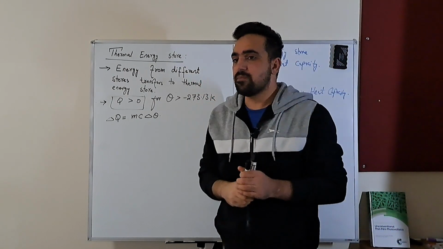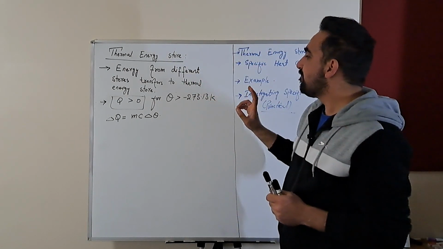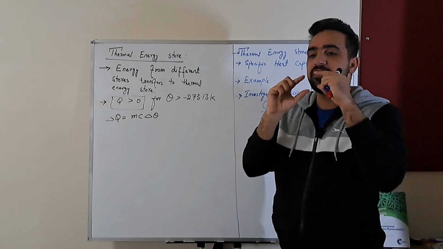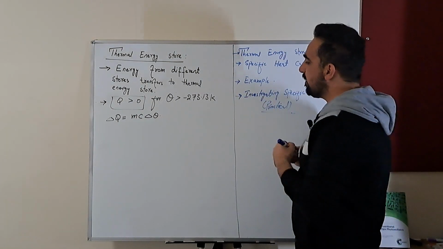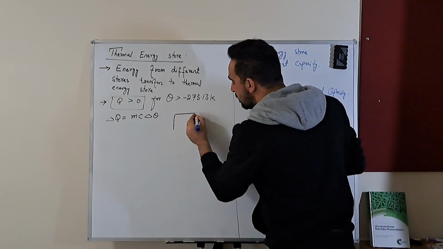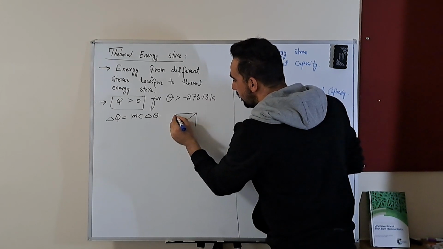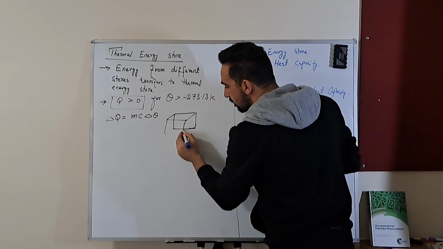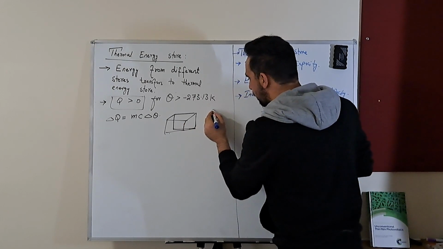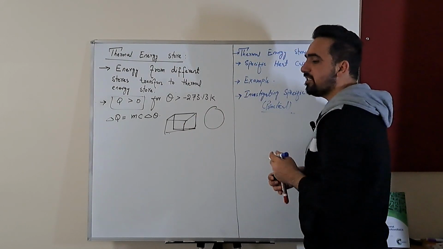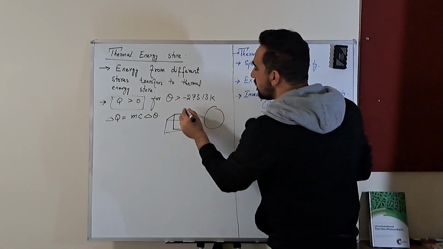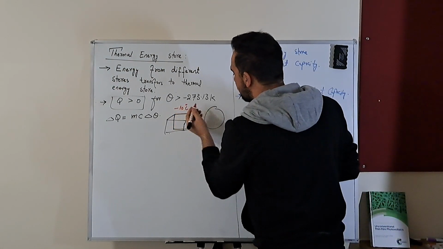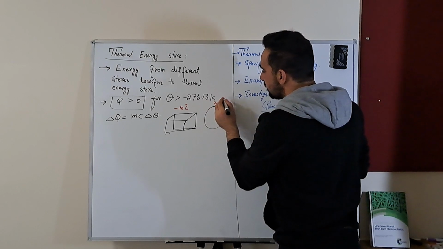One more thing about thermal energy store is that in the thermal energy store of any material, if we have different objects, say this is one block we have here. Similarly, we have a ball here or anything. This block is at minus 10 degrees centigrade. This is at 20 degrees centigrade.